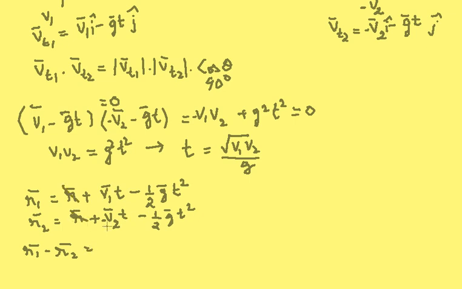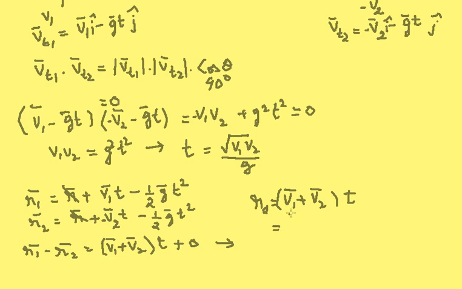V1 bar plus V2 bar into T, since this is a minus and this is a minus, it would become plus on subtraction, plus 0. So the difference would be equal to V1 bar plus V2 bar into T.